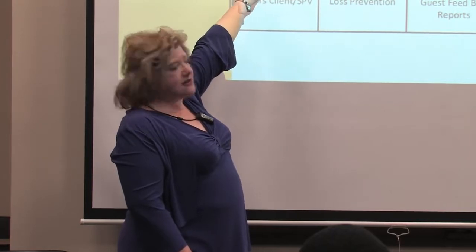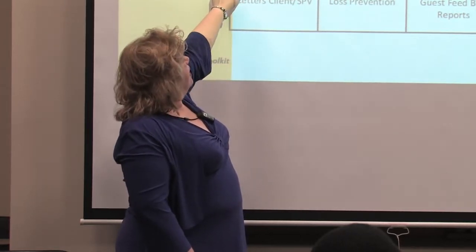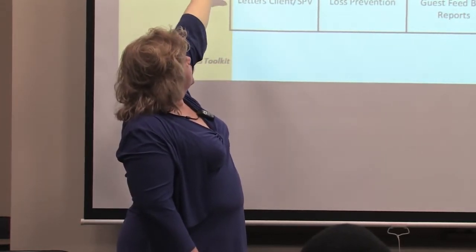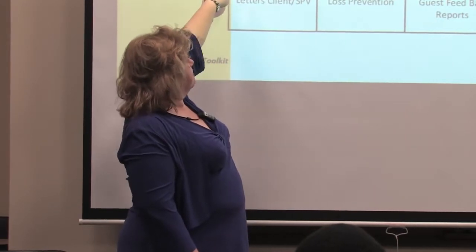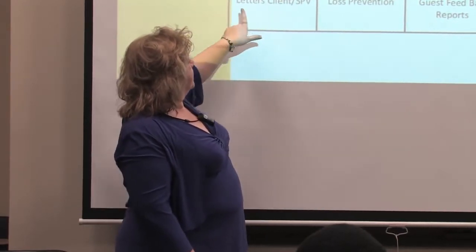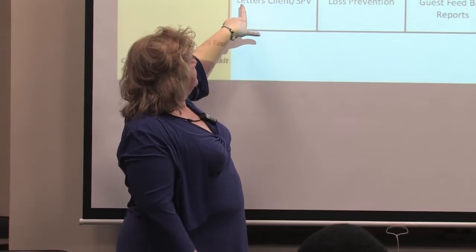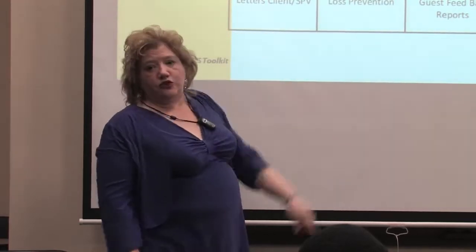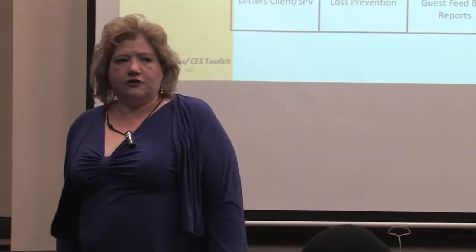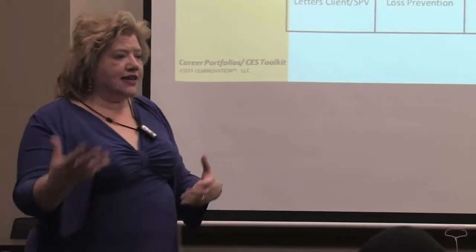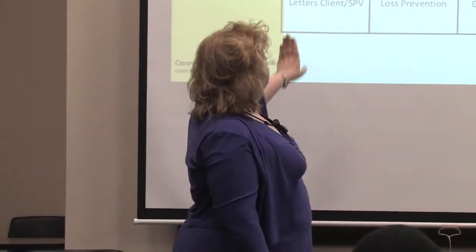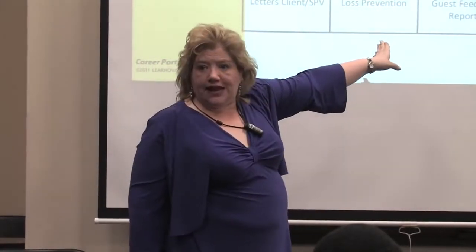You with me on this? Now we come down here, and under customer service, constructive conflict management, it's a soft skill, and this person has letters from clients and supervisors. So that's the examples and this person's map in their planning.